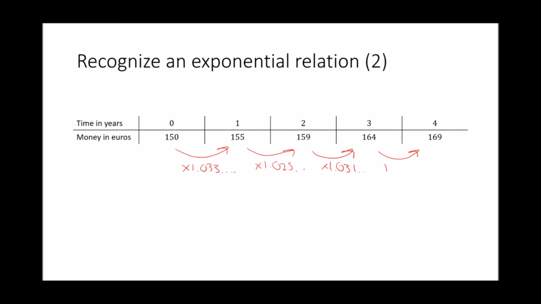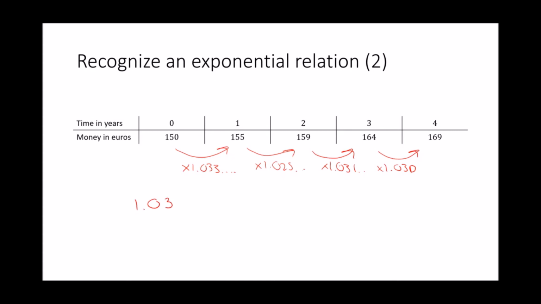We get slightly different growth factors every time. So it may seem like it's not exponential growth. However, the values are all very, very close to 1.03.